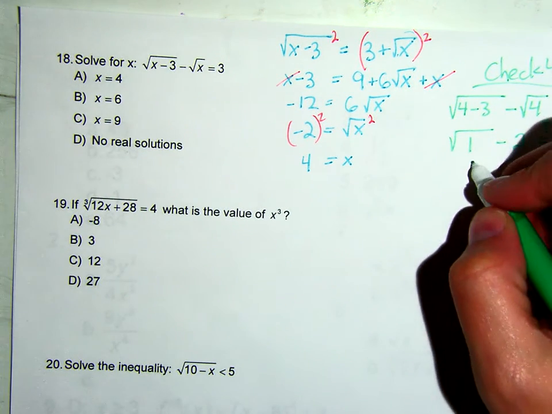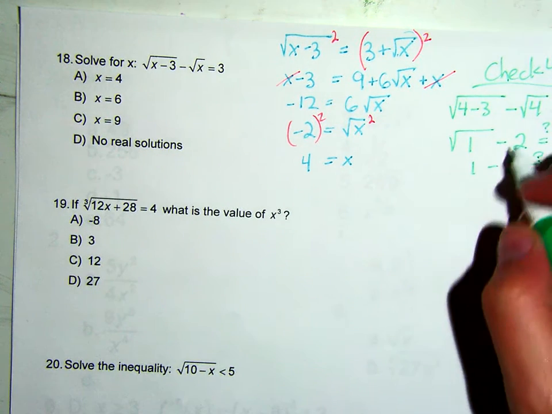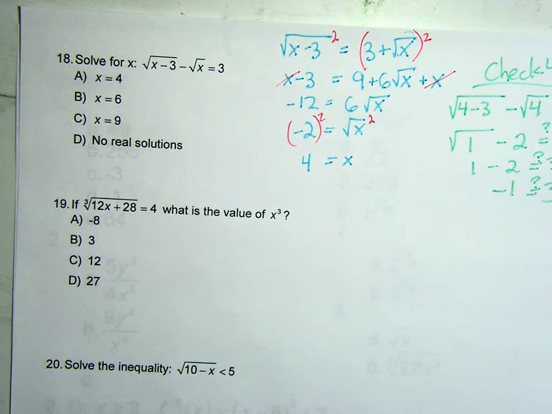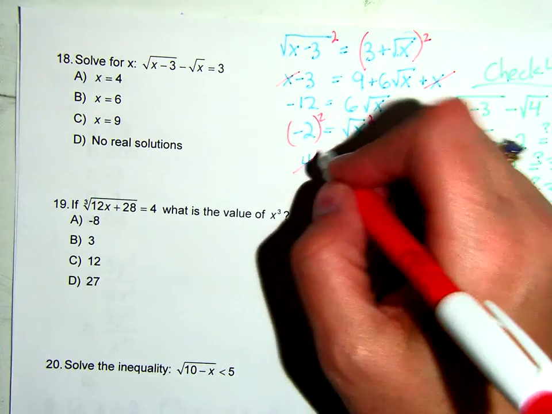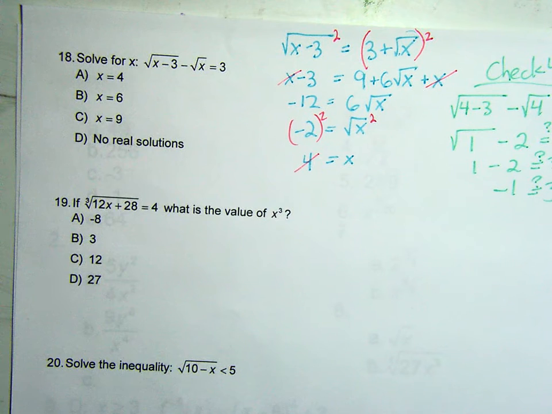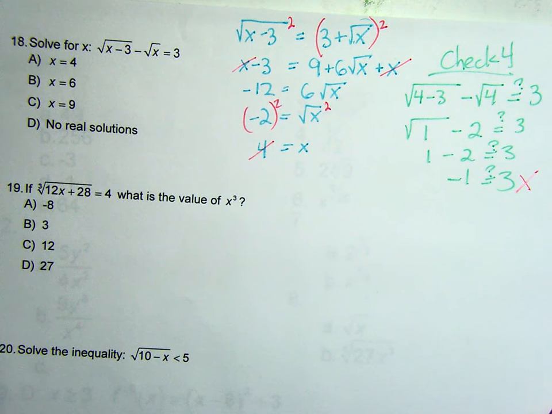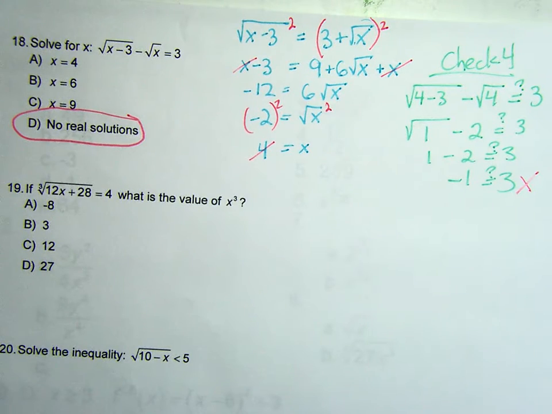Square root of 1 is 1. 1 minus 2 is negative 1. Does negative 1 equal 3? No, it does not. So our 4 does not work. It is our only solution. So that means when I crossed it off, I have no other solutions. So my answer is D, no real solutions.